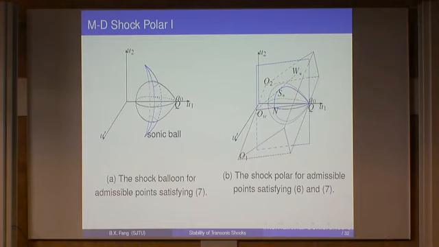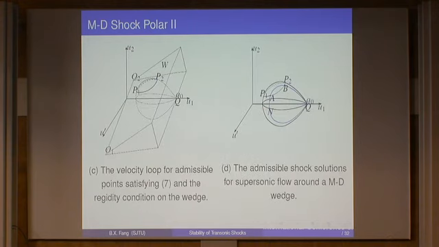And you can see also that we have a critical angle, and S star is the critical case. So this loop is the multi-dimensional shock polar, and then we are going to decide the solution for a given wedge. On the wedge, the velocity should be parallel to the surface of the wedge, so the velocity should also lie in the wedge plane.